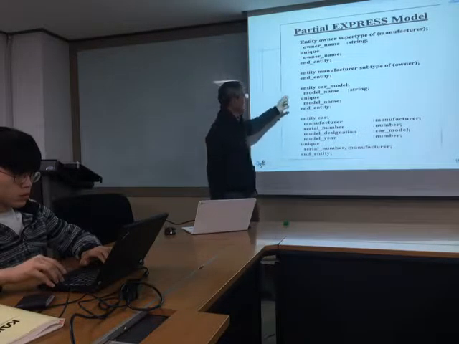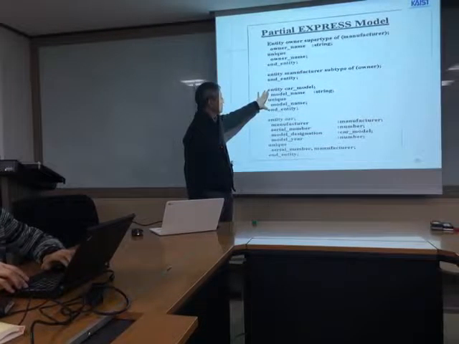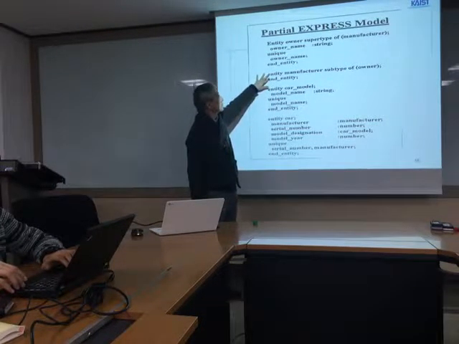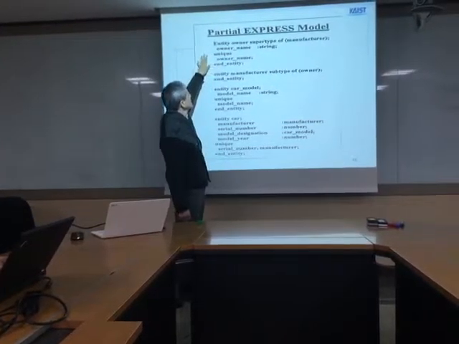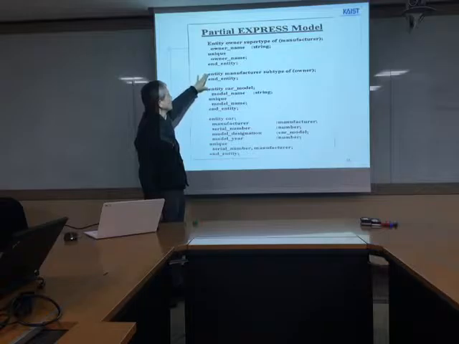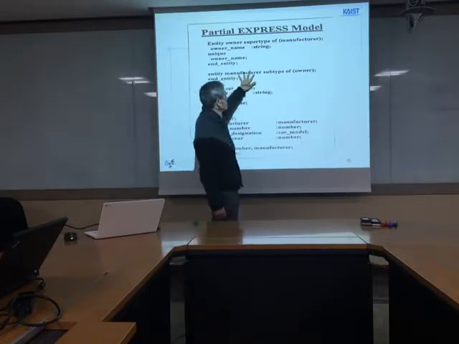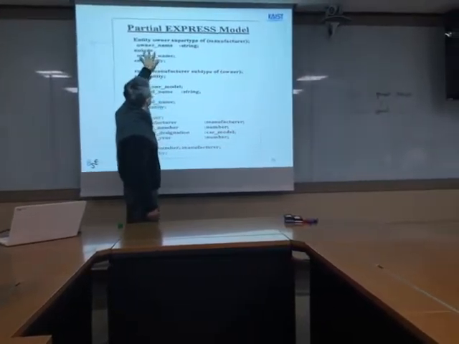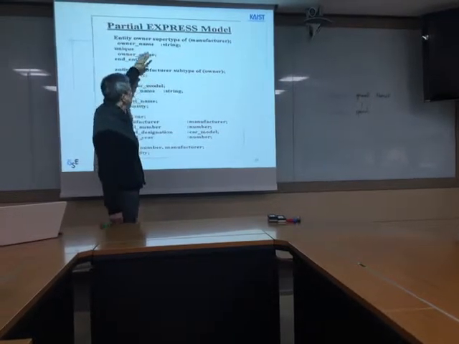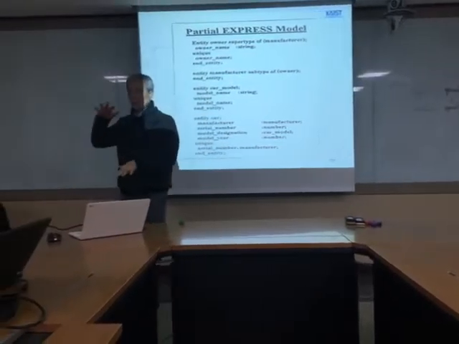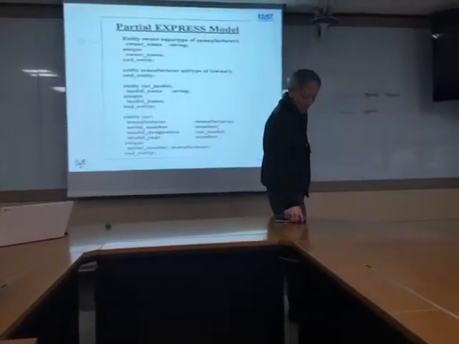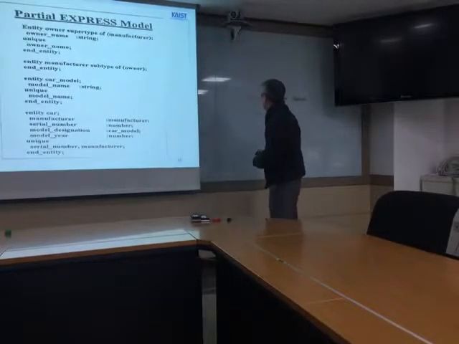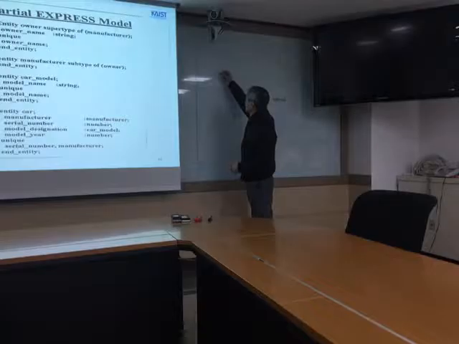And car model is also another entity, and manufacturer is a subtype, and owner is a supertype of the entity manufacturer. So manufacturer is some type of owner, and owner is a supertype of manufacturer. So they are classes with some class hierarchy. So classes have a hierarchy. So a superclass, subclass hierarchy is there. We have a class hierarchy.